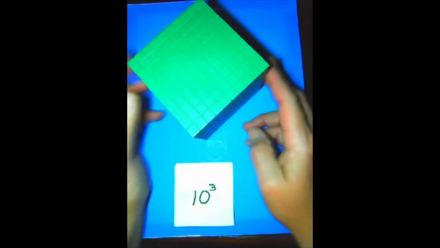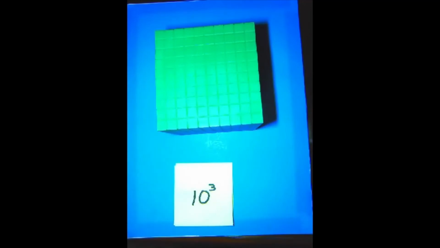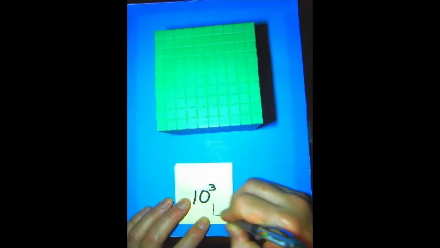Hopefully, you will remember our old friend, the 1000 cube. This is a repeating pattern that we certainly want to make sure is in our minds. And so we ask ourselves, well, what does it look like? And what it looks like is a very large cube.